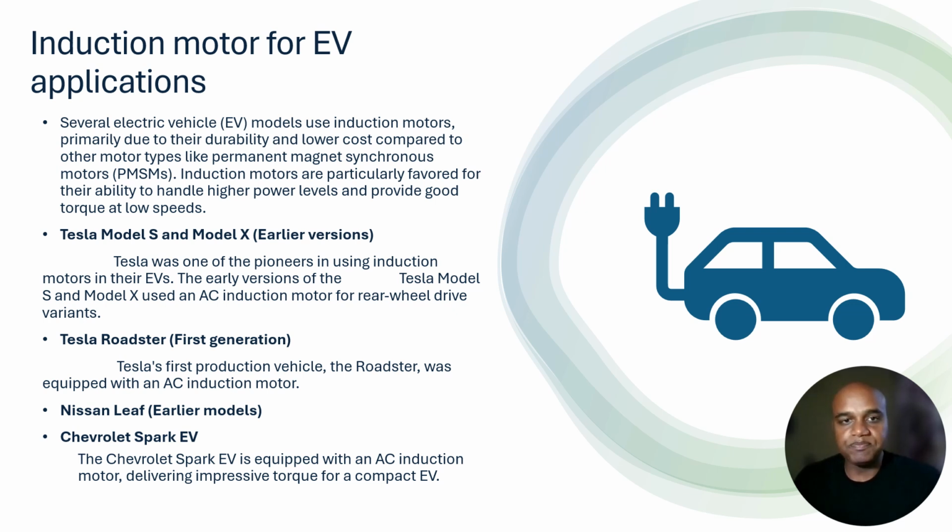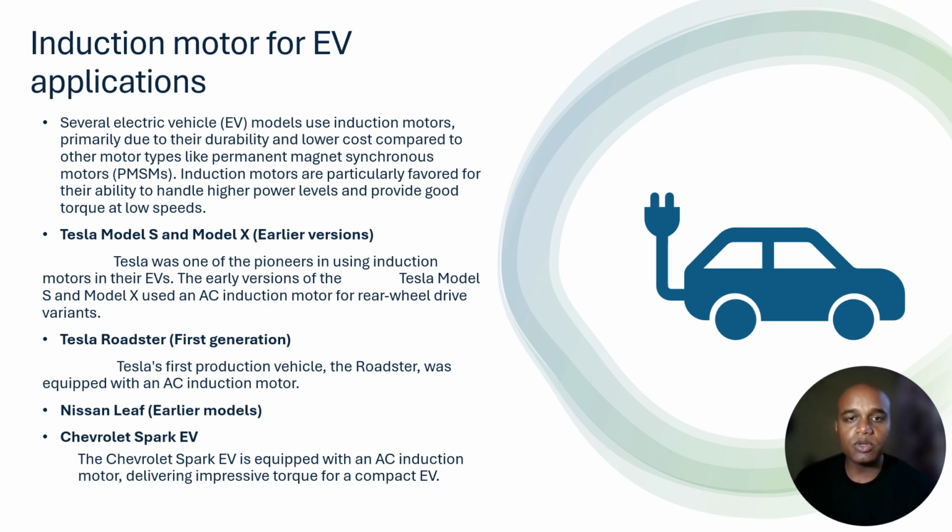However, here I have taken a few examples of model names which were deployed with induction motors earlier. The earlier versions of the Tesla Model S and Tesla Model X were deployed with the induction motor. The Tesla Roadster, the first generation, which is Tesla's first production vehicle, was also equipped with the induction motor.